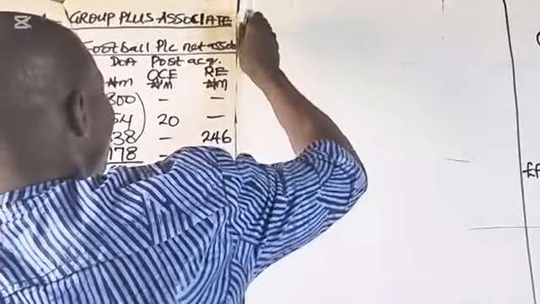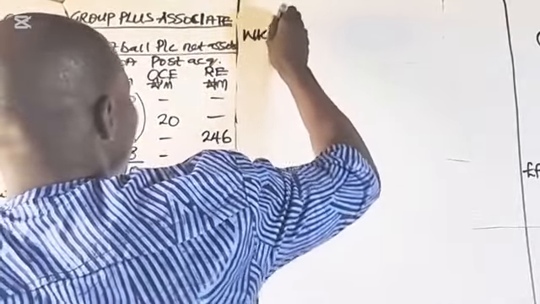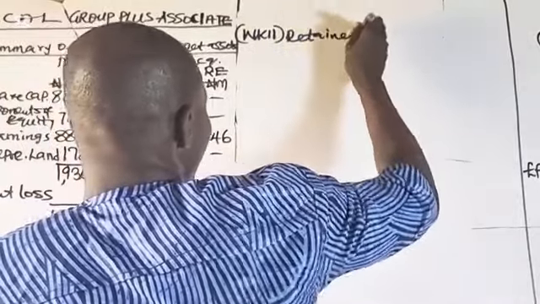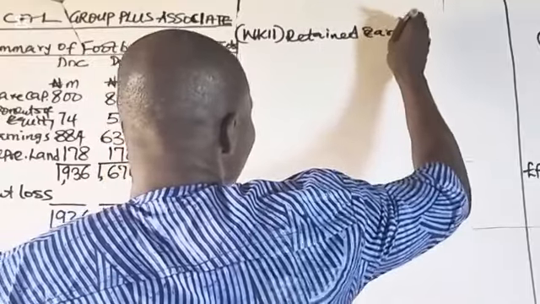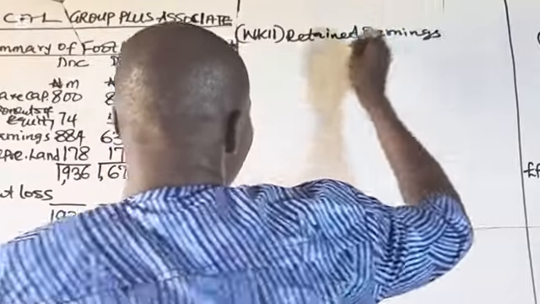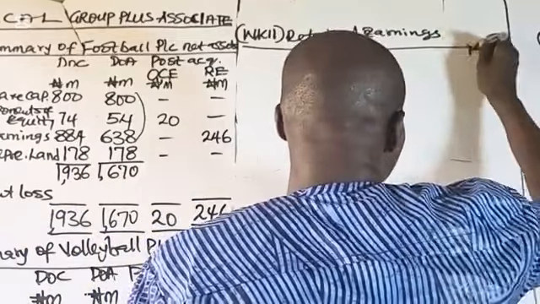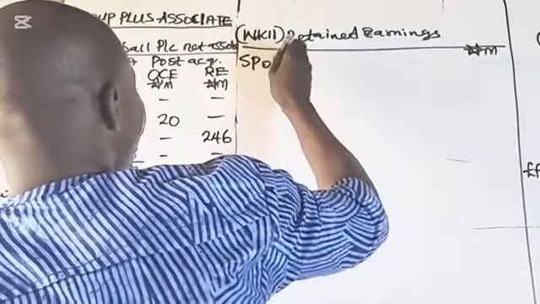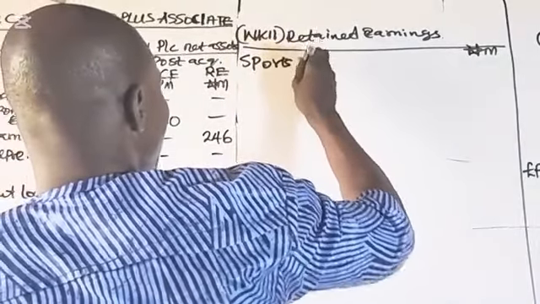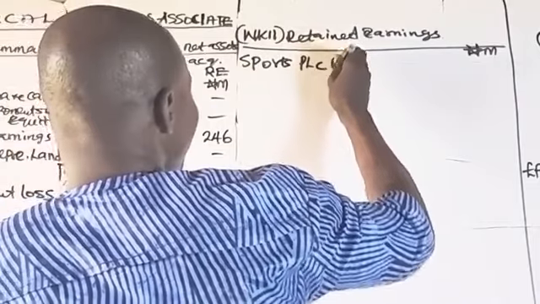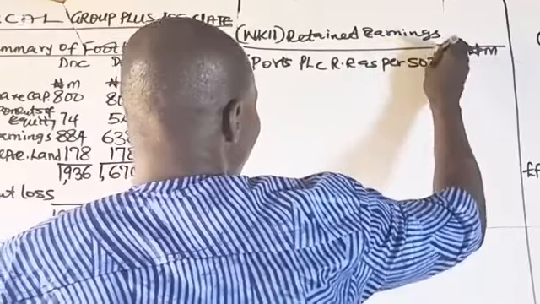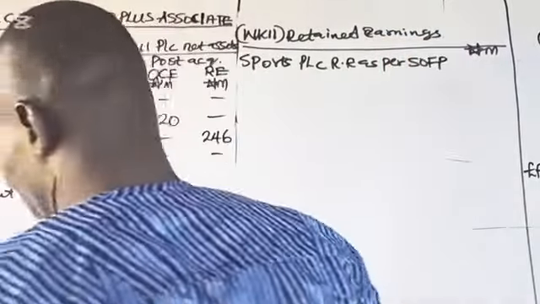Working number 11, we have retained earnings. We have Sport PLC, which is the name of the parent. Sports PLC retained earnings as per statement of financial position.